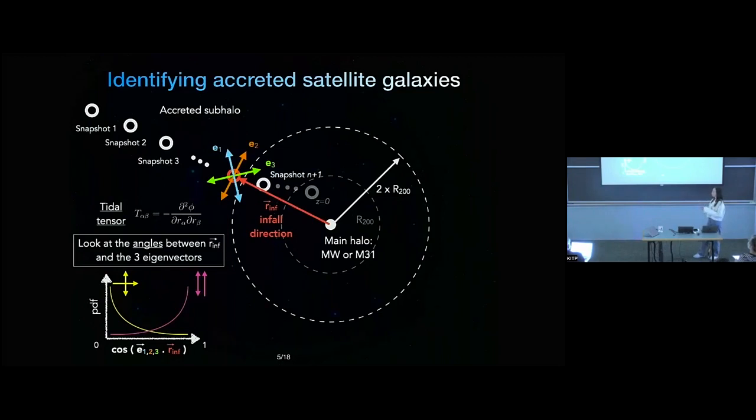For that, we will use the 3 eigenvectors of the tidal tensor, and we are going to look at the angle between the 3 eigenvectors and the inflow direction. For simplicity, we are going to look at plots showing the distribution of the cosine of this angle. If the distribution is peaking at 0, it means that the vectors are orthogonal. If it's peaking at 1, it means that the vectors are aligned in the same direction.